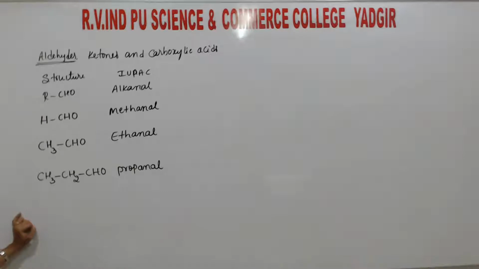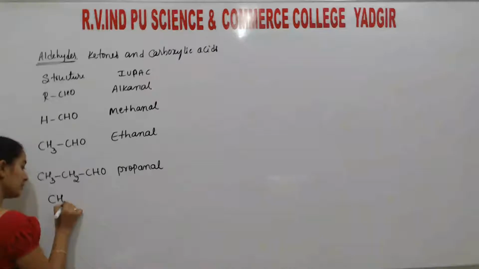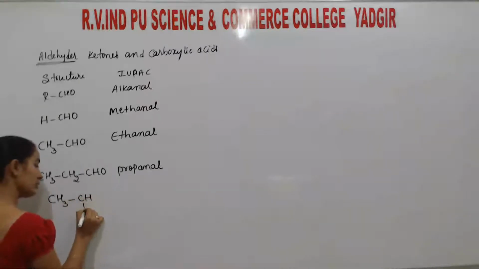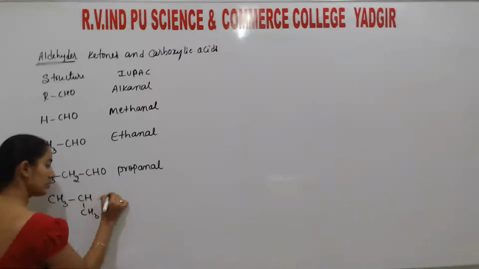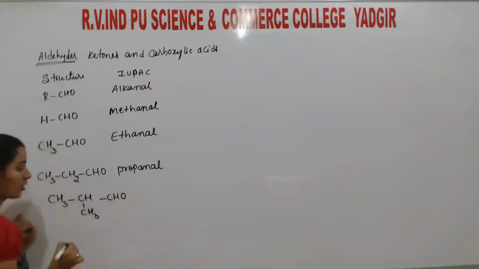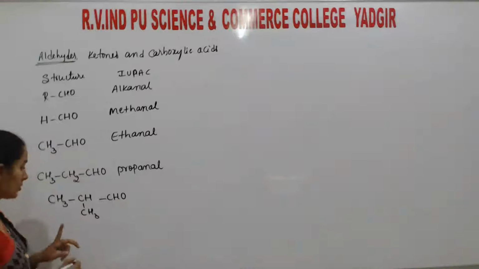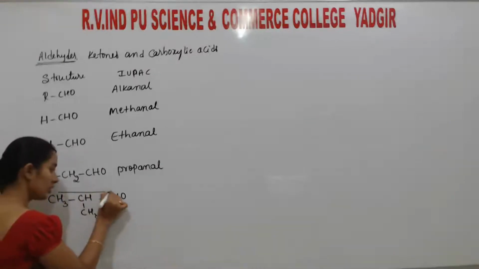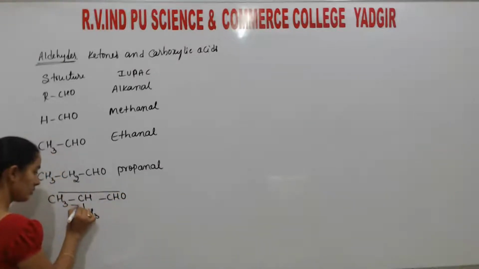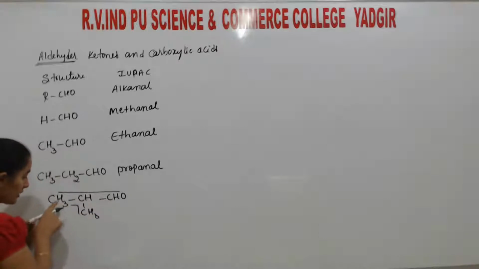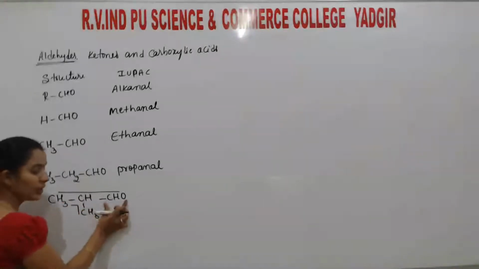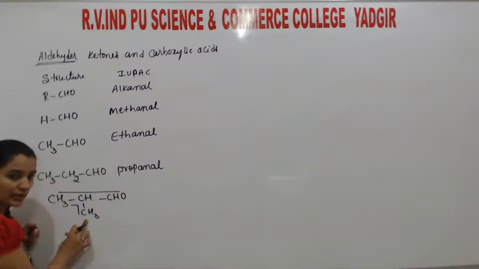Next, CH3, CH, CH3, CHO. So students, if the compounds are like this, there are two parent chains. One is the straight chain, another one is this one. So if we consider this parent chain in this shape, then we leave this functional group as the alkyl substituent.